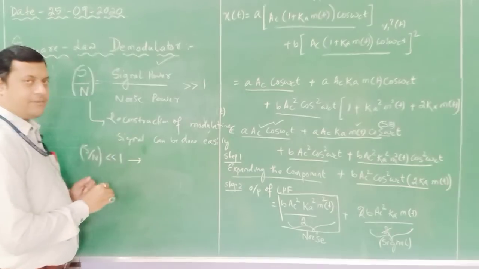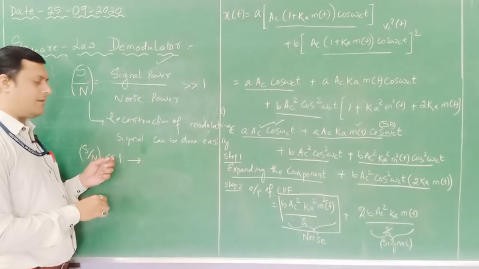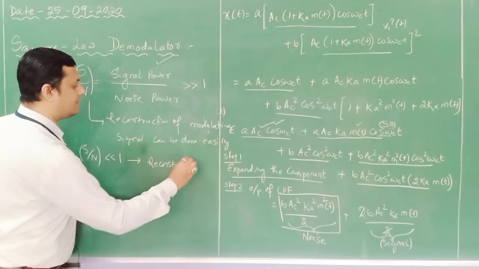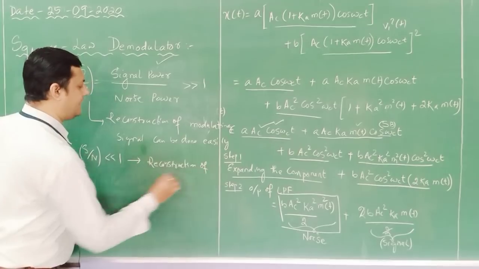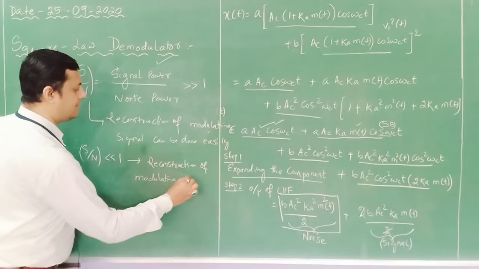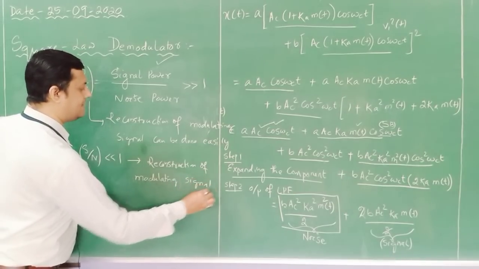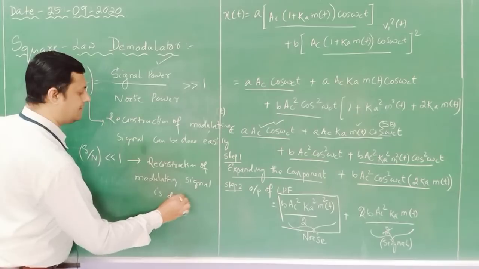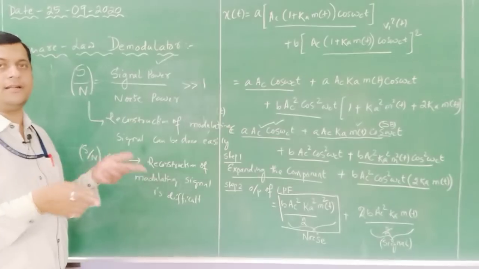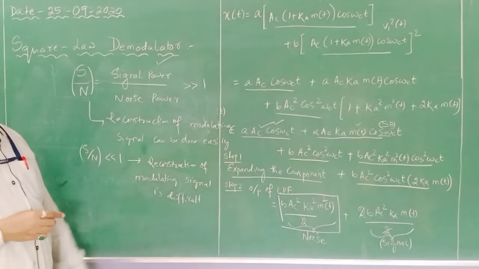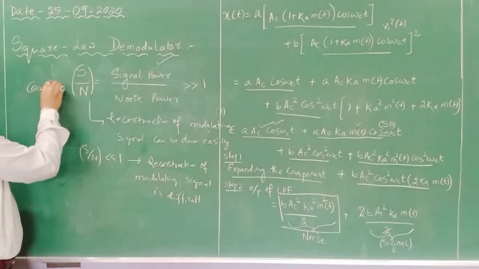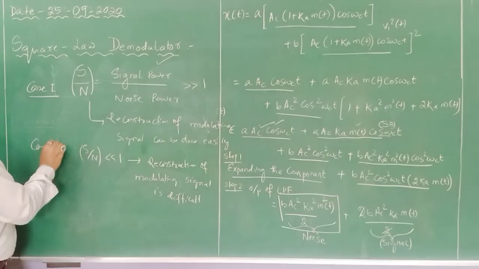So if the signal to noise ratio is less than 1, then reconstruction of the modulating signal is difficult because the noise power deteriorates the signal power. It will suppress the effect of signal power. So these are the two conditions: this is case 1 and this is case 2.